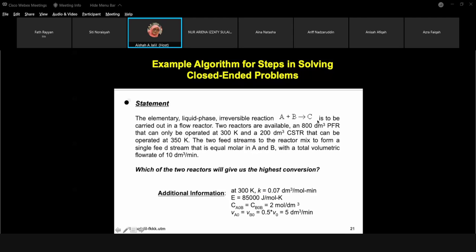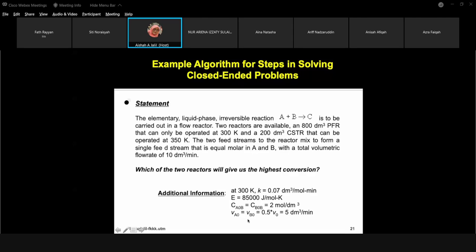Okay, this is the additional information. At 300K, the reaction rate constant k is 0.07. The activation energy, this one, and then CA0 and CB0 is 2.